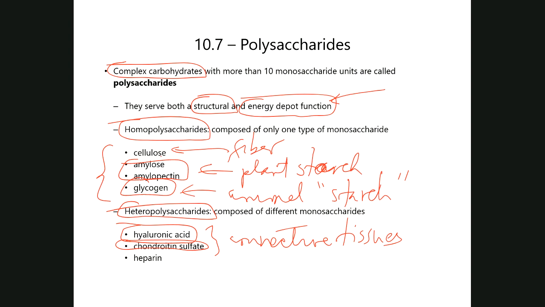And then heparin, particularly those of you who are in the nursing program, you're going to be learning a lot about different forms of heparin. This is used as an anticoagulant, and depending on how many sugars are bonded and the level of branching, which will become clear when we actually get to the discussion, and the size of the molecule, there are different tiers of heparin: high molecular weight heparin, low molecular weight heparin, highly branched, less branched.